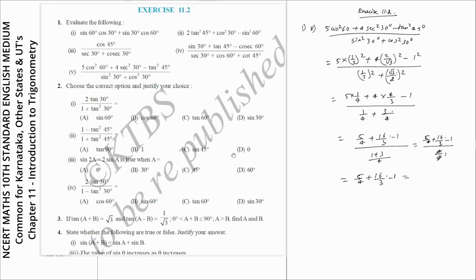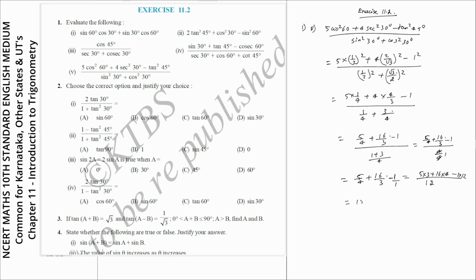Now take the LCM of 4, 3 and 1. 1 is 1 by 1. So LCM of 4, 3 and 1 is 12. So I'll get 5 into 3 plus now 16 into 4 minus 1 into 12.